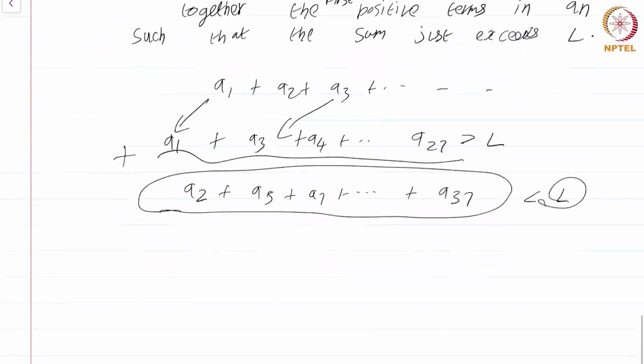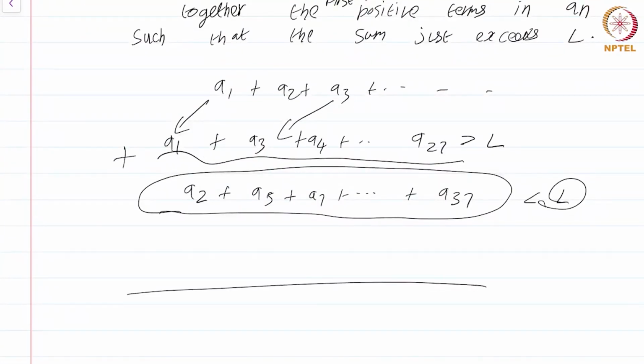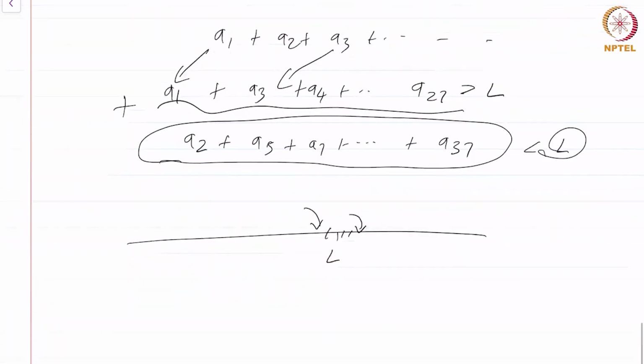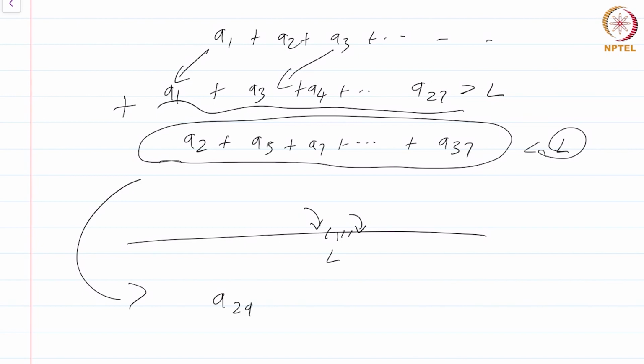Intuitively the picture is: L is here, you first landed here, then you're slowly decreasing by adding terms, and just when you cross L again, you stop. Now you keep adding positive terms again, let's say a29, a31, till a43. Again, I'm plucking numbers out of the air.